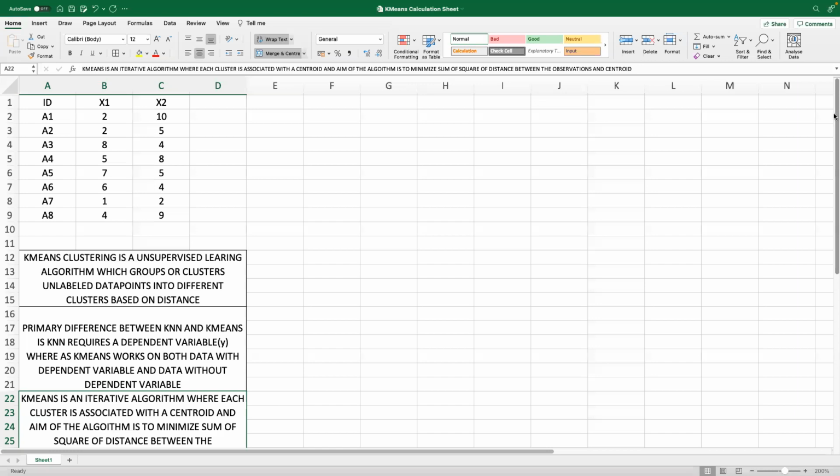Now the K here is the number of clusters. We don't have a formula to decide the exact number of clusters, so we go with a random assignment.